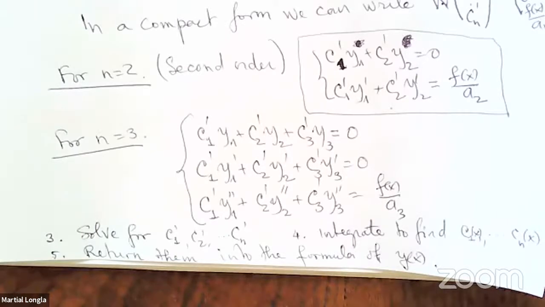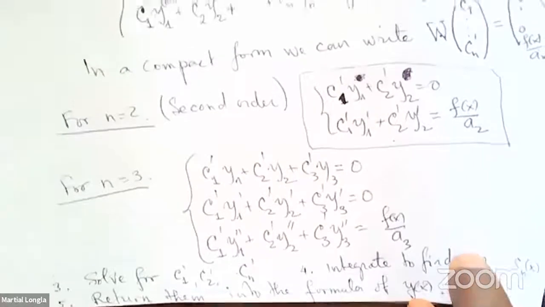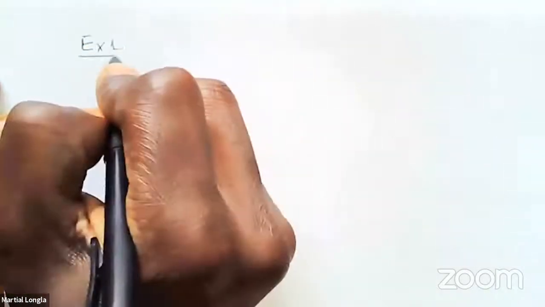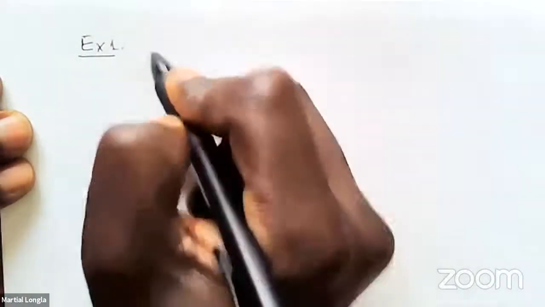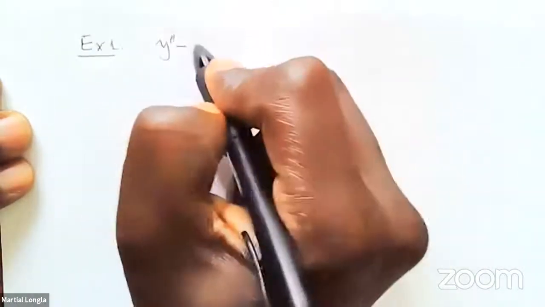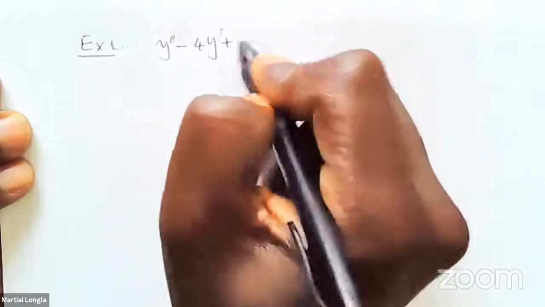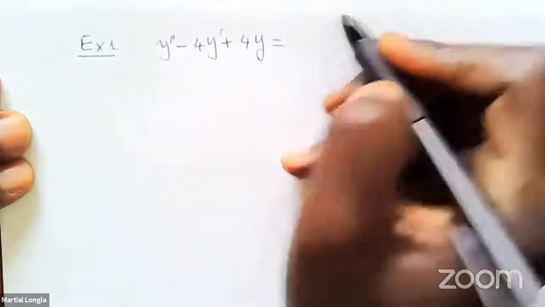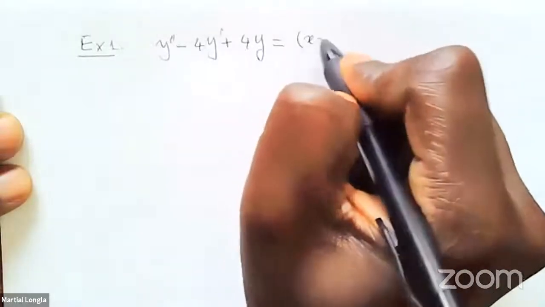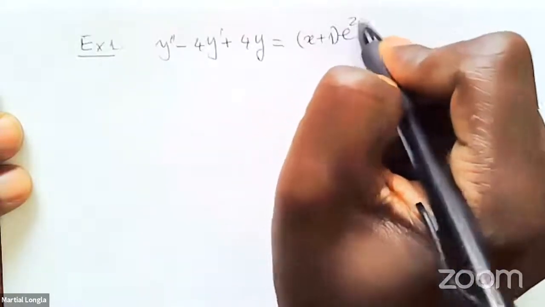Now, let me get an example. So example 1: y double prime minus 4y prime plus 4y equals (x plus 1) e to the 2x.